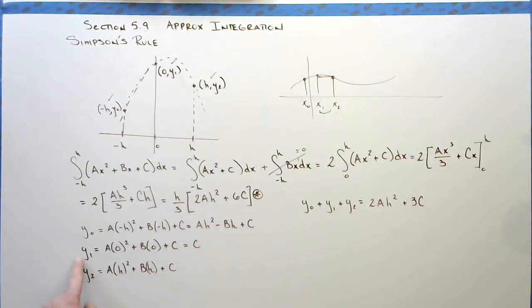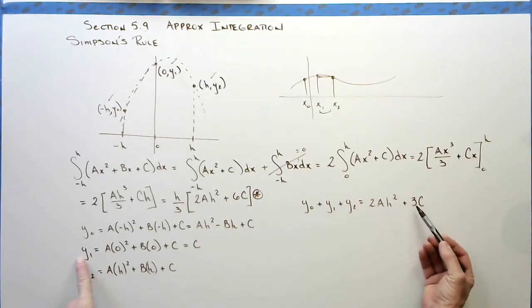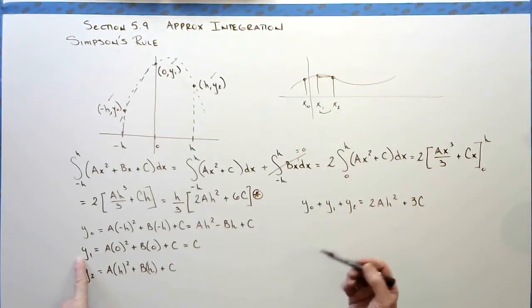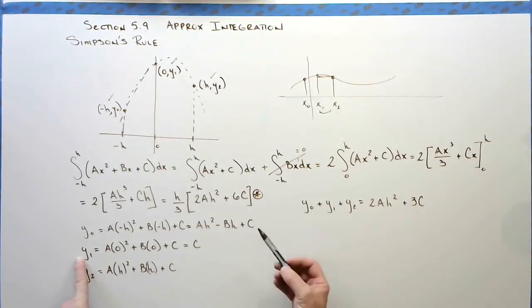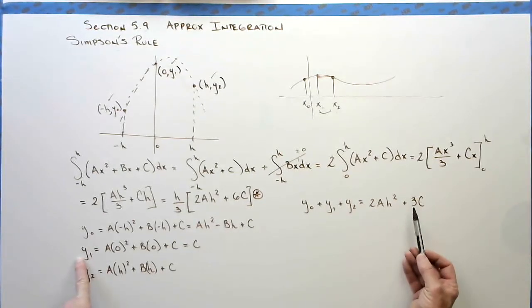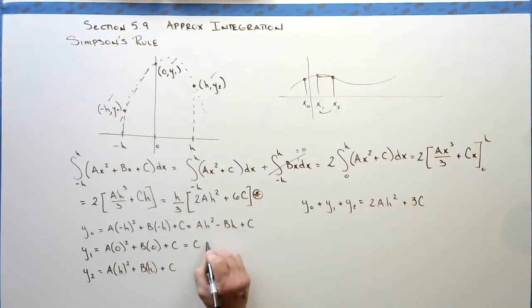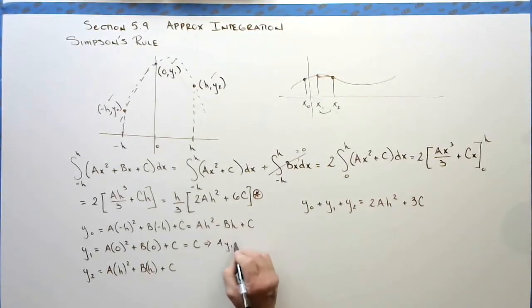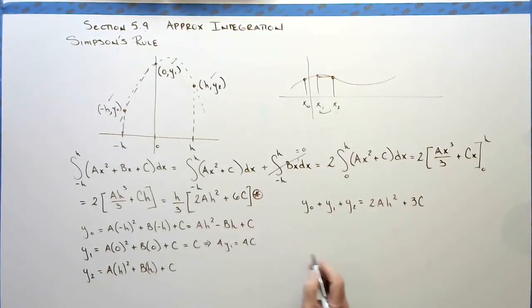If we would take another y sub 1, that would give me another c. That would give me the 4c. But if we would take instead 4 y sub 1s, that would give me 4c.